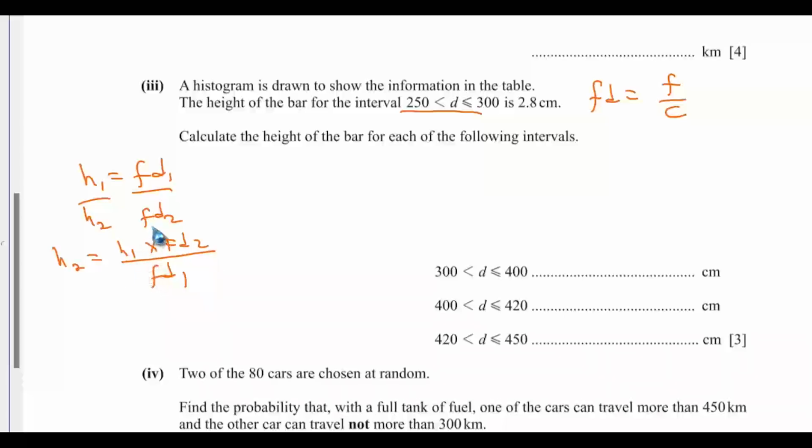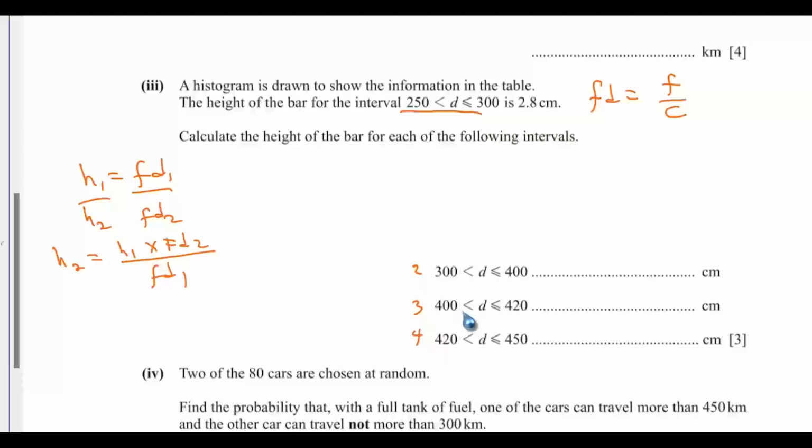So we need to calculate the frequency densities of the first and the second columns. This is what we use to get the height of each of these. This is for the second one, this is for the third column, and this is for the fourth column. We just change the value of the frequency density.